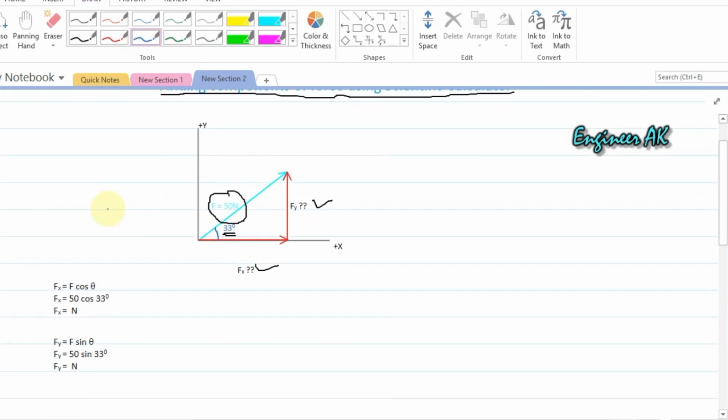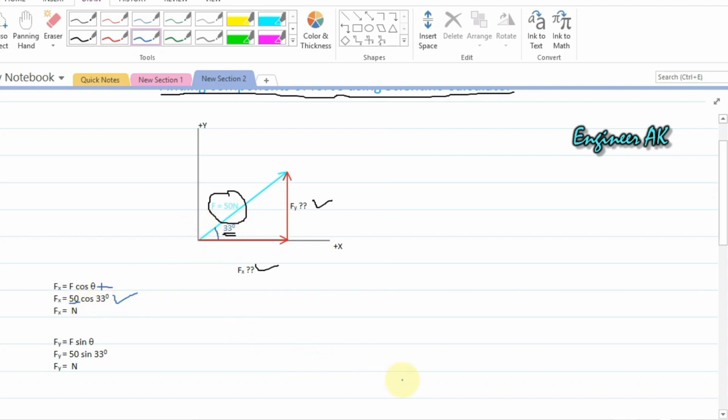So as we all know, F of x, I'm talking about this equation, F of x is equal to F cos theta. The x component is F cos theta. Let's plug in the values: we have magnitude 50 Newton and angle 33 degree.